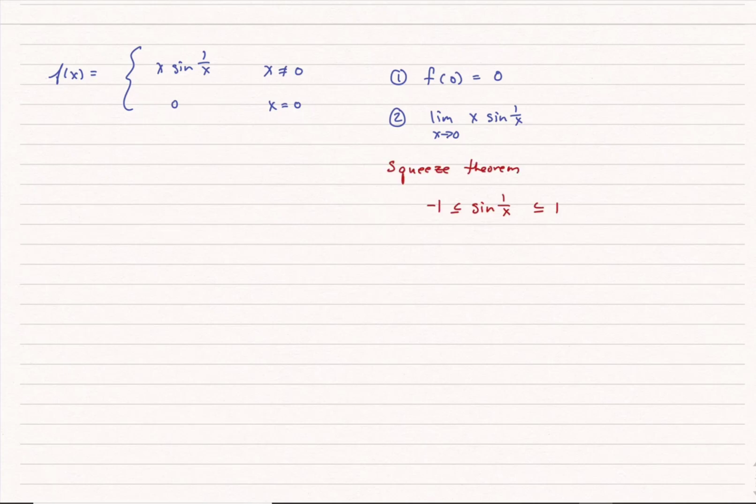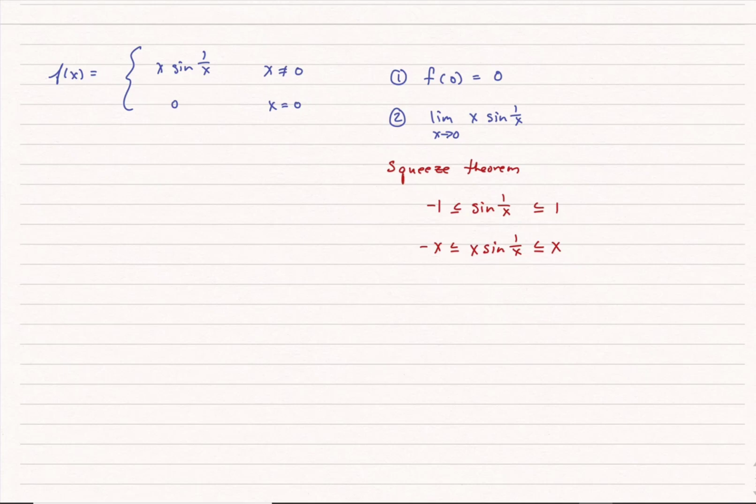So the squeeze theorem, I need to find a lower point and an upper point that's surrounding or sandwiching my function. Well, let's first start off with sine of 1 over x. I know that goes between -1 and 1. What if I multiply all three parts of that inequality by x? Well, if I do that, I get this. Negative x is less than or equal to x sine 1 over x, which is less than or equal to x.